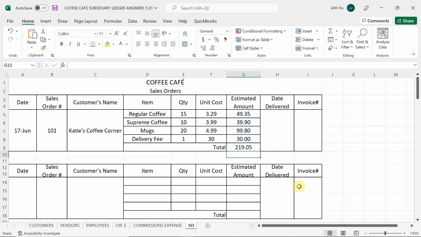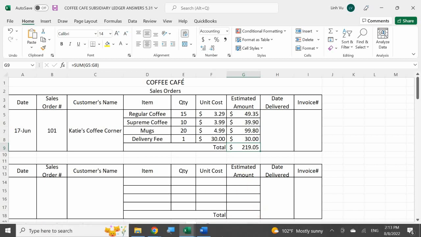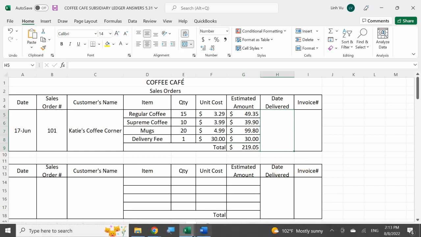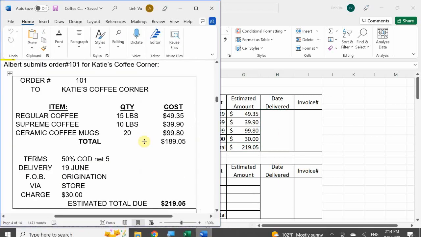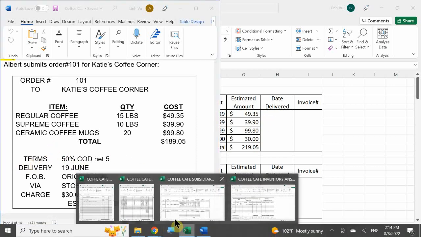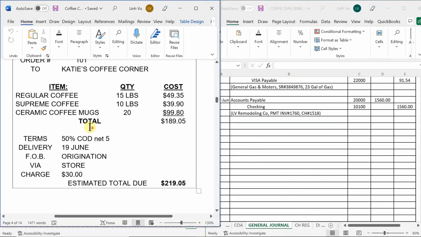That means Katie owes me $219.05, which is true. And when are we expected to deliver it by? We need to remember to deliver it, or have Albert deliver it, by the 19th of June. So good, we are done with the sales order.